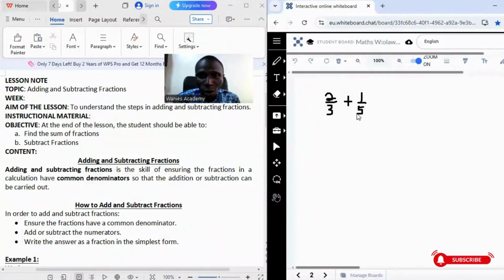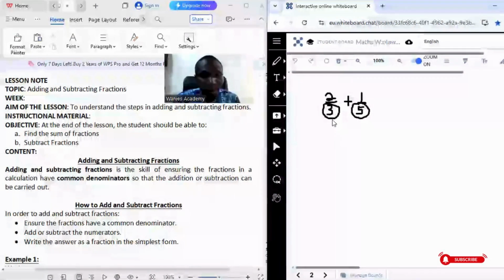So we have to ensure that they have the same denominator. And how can we make sure that they have the same denominator? Is to look for the LCM of 3 and 5. Then with this, we'll be able to add or to subtract the fraction.